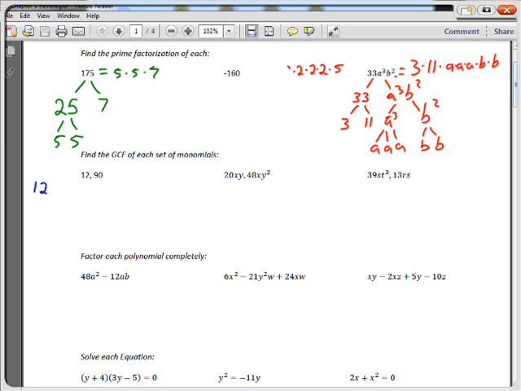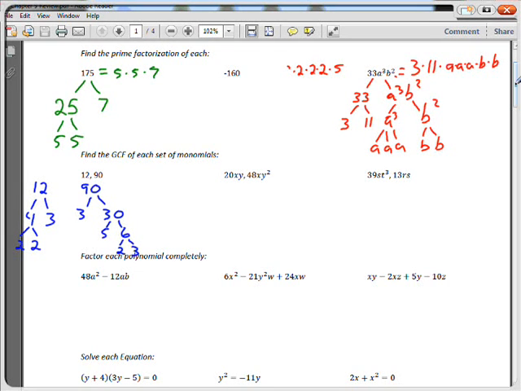So if we start off with 12 and 90, 12 can be 4 times 3, and then 2 times 2. 90 can be broken down to 3 times 30, and then 5 times 6, and then 2 times 3.